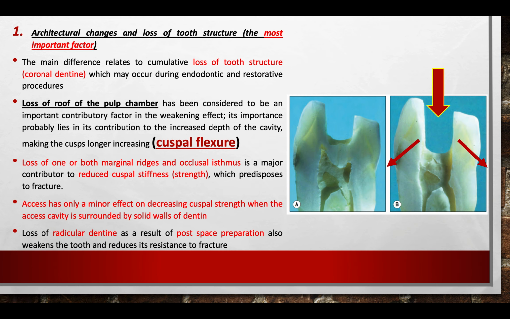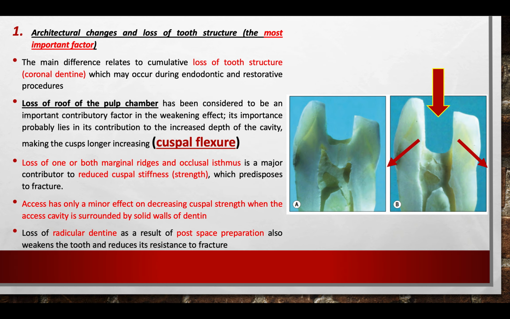Marginal ridges are very important anatomical landmarks or features for the teeth. They help with the dissipation of occlusal forces. If one or both marginal ridges are lost, then the tooth becomes weaker and it won't act the same way as if they were present.